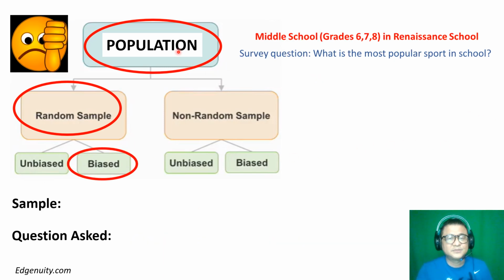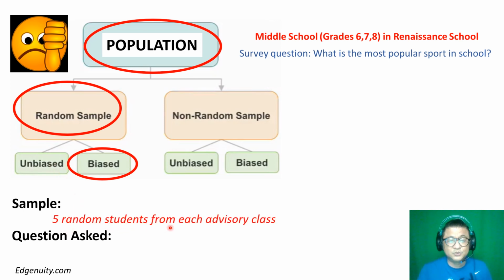But sometimes, it's the same population, 6, 7, and 8. You want to know the most popular sport in the middle school. Your random sample is 5 random students from each advisory class. And then how can it be biased?